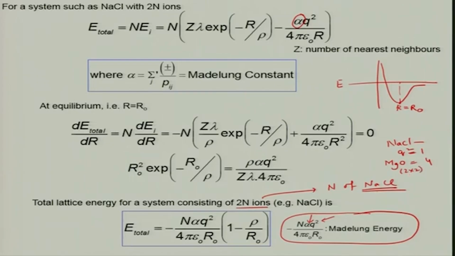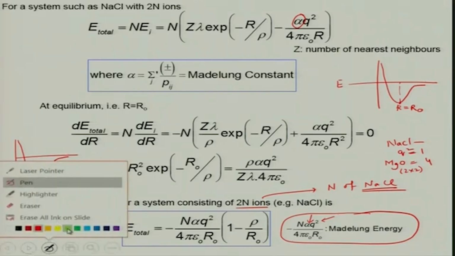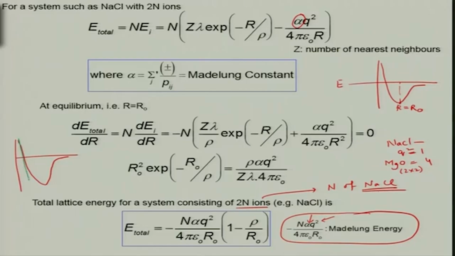So, that is why if you plot this energy now, for sodium chloride the plot will be something like this, but for MgO it could be something like that, all right. It is much narrower and also much deeper. So, for MgO the bond energy is higher, for sodium chloride the bond energy is lower, and that is reflected in the properties. MgO has a higher melting point as compared to NaCl.